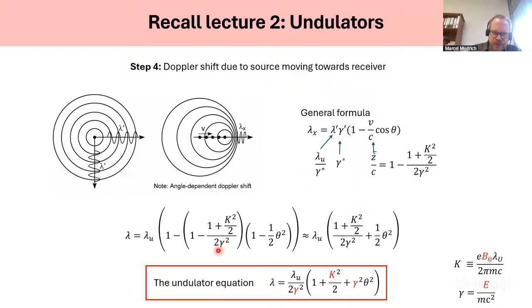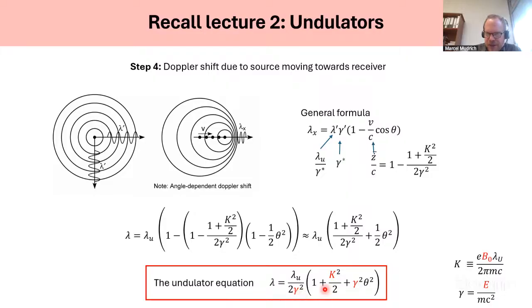And in the end, we arrived at this important undulator equation, where the leading term is the undulator wavelength divided by 2 times the Lorentz factor squared.